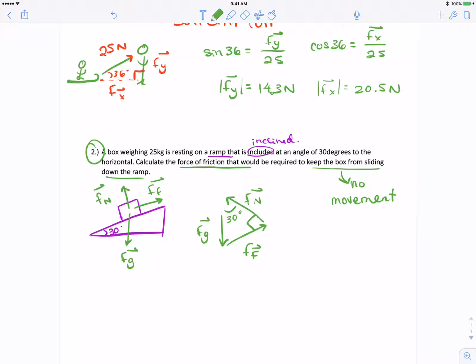It's a right angle because my F of F, my friction, is parallel to this line, and that is a perpendicular line, so there will always be a 90 degree angle between the two. My 30 degrees, notice again, is relative. F of F is the same as my plane, so the angle between this line and F of F, no matter where it is, will be that 30 degrees. So your updated diagram looks like this, with 30 degrees there, which automatically means I have a 60.